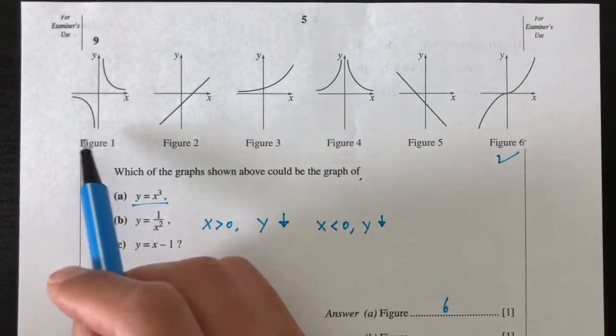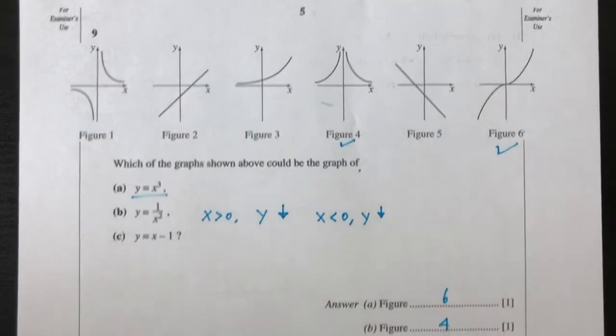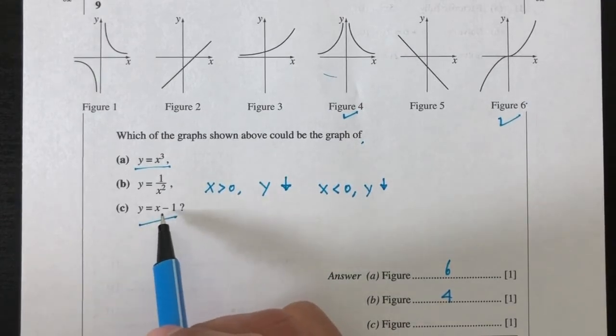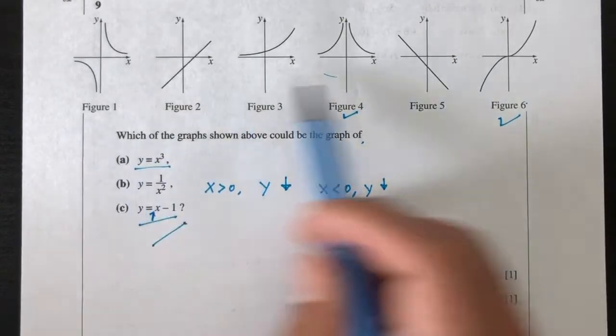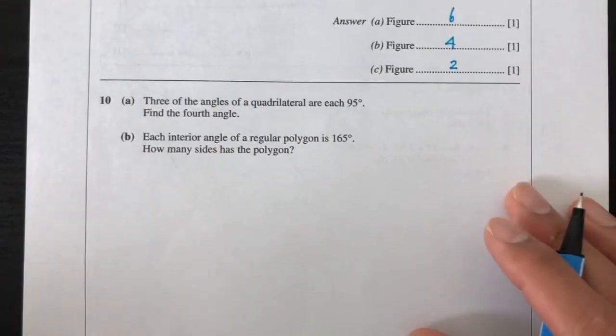So it can only be this graph here, 4. Now for this one, it is a straight line, x minus 1, and we can see the gradient here is positive, so the line must be going up. So it can only be figure 2. So that will be your answer for question number 9.